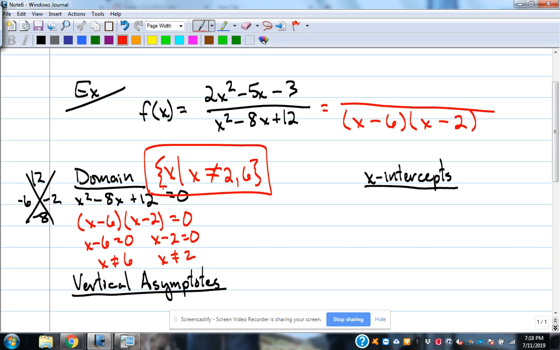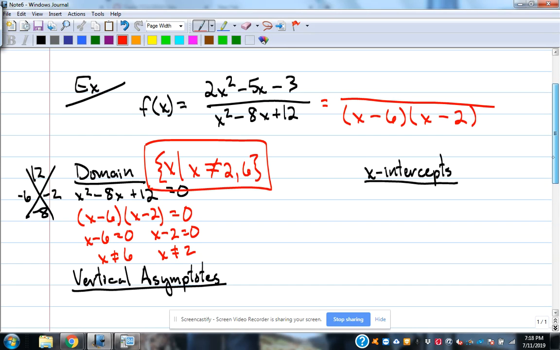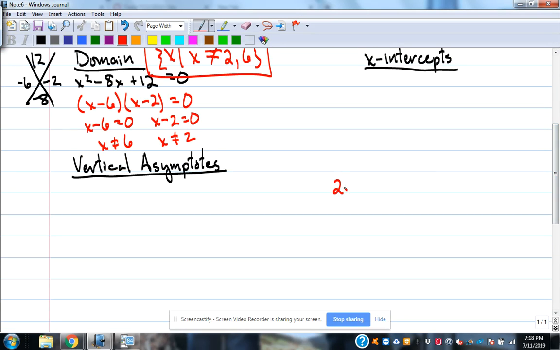Let's factor the numerator, and I'll do that right here. 2x squared minus 5x minus 3. I'm going to use the x method factoring that. Multiply 2 times -3 to get -6, and add to be -5. -6 times 1 will be 2x squared minus 6x plus 1x minus 3.